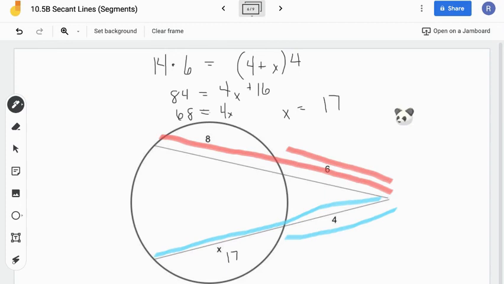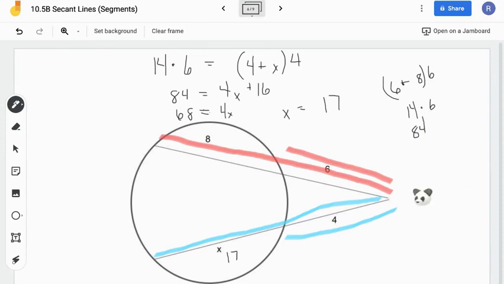Now let's go ahead and check it. All right, 6 plus 8 times 6. Okay, which means 14 times 6. What's 14 times 6? That's going to be 84.